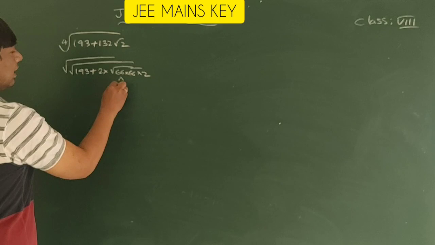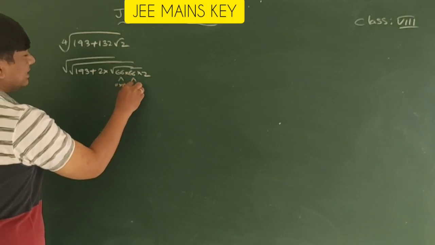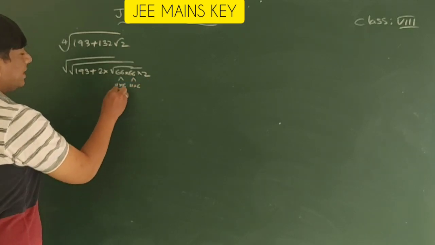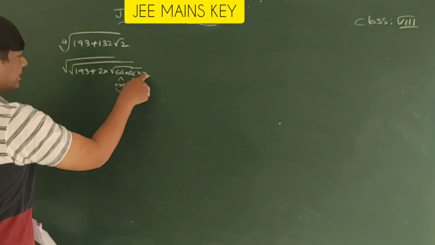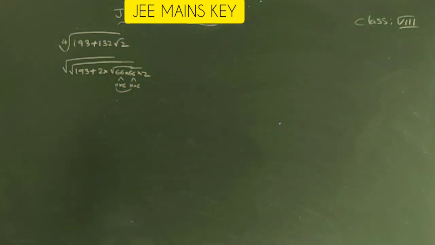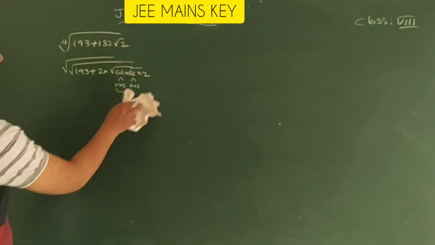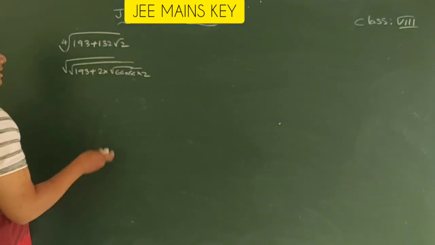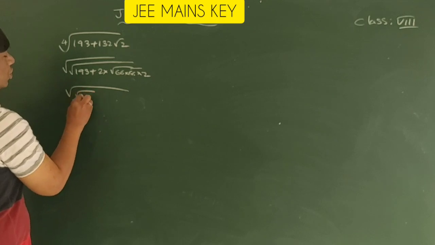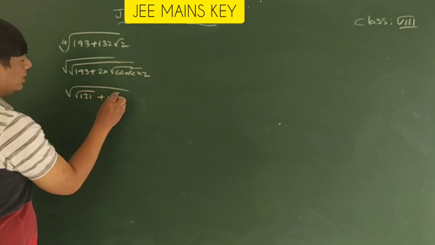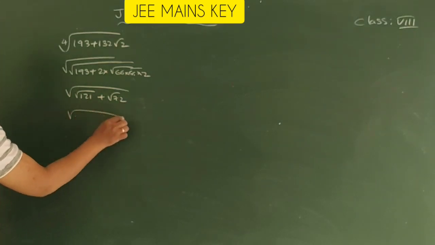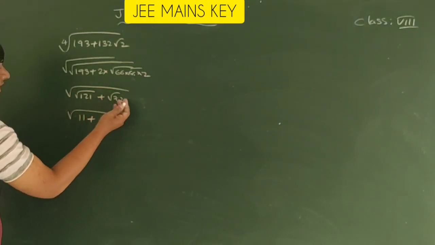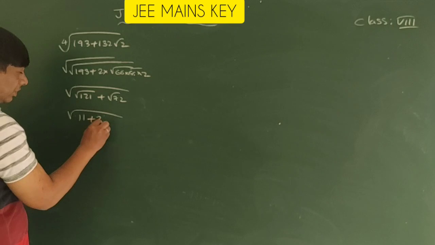Now 11 6s are 66, 11 6s are 66 and 2. 11 11s are 121, 6 6s are 36, 36 2s are 72. Means 121, 72. Means square root of root 121 plus root 72. Now that is equal to 11 plus root 72, with the 2 written outside.